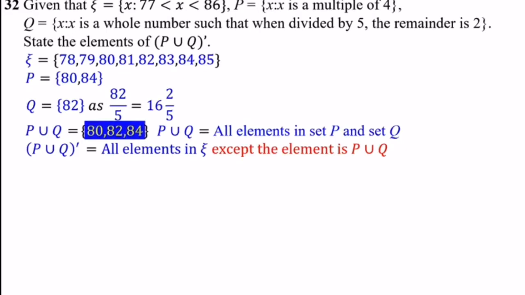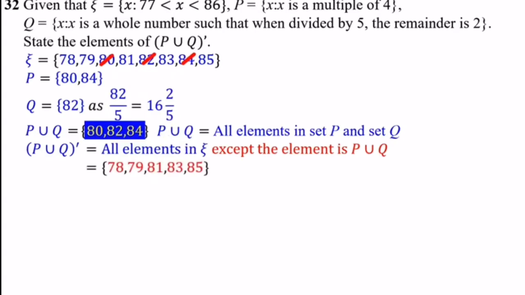So now we will refer to the universal set and cancel out 80, 82, and 84. That's why I say every time you do the complement, you must list down all the elements in the universal set so that it is easier for you. So you have the balance: 78, 79, 81, 83, and 85.